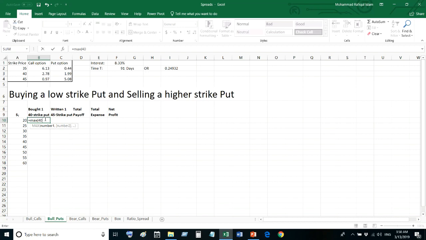Here strike price is 40, negative spot price, or 0. And when we write a call or put option, it's always negative maximum of strike price negative spot price, or 0.